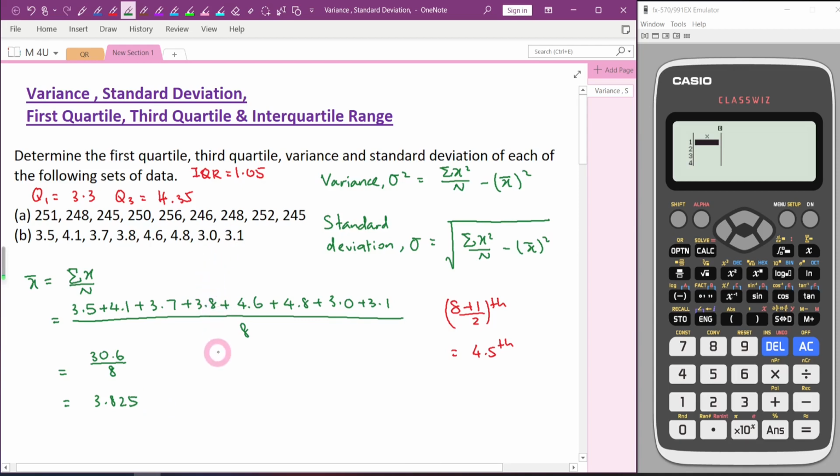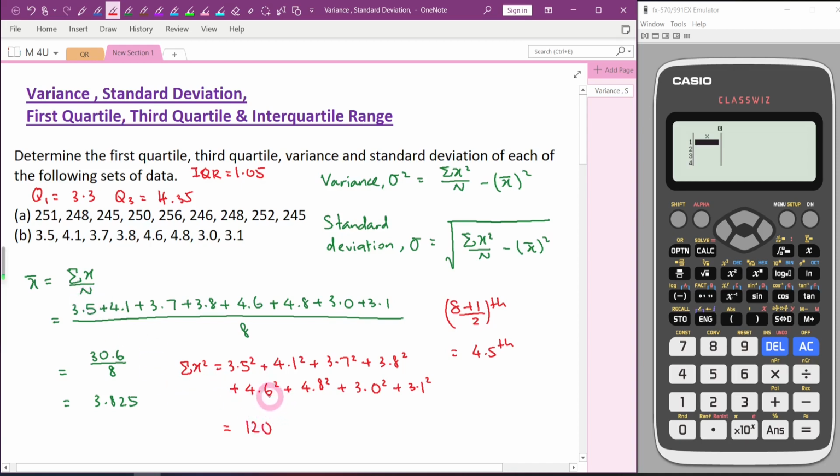Now, let me find the sum of x squared. 3.5 squared plus 4.1 squared plus 3.7 squared and so on. Sigma x squared is equal to 120. Now all the important information is already here.